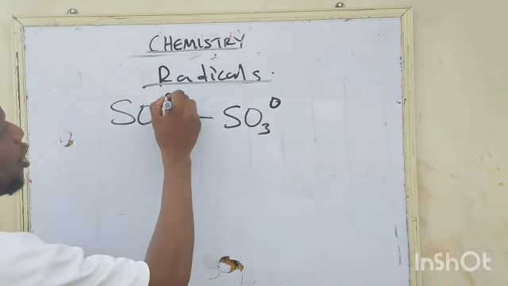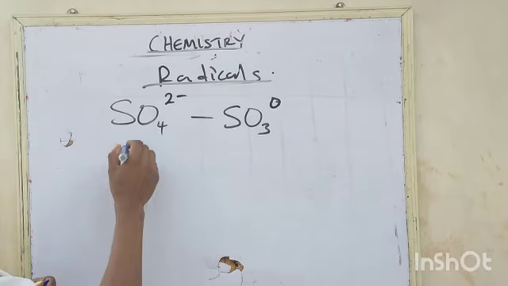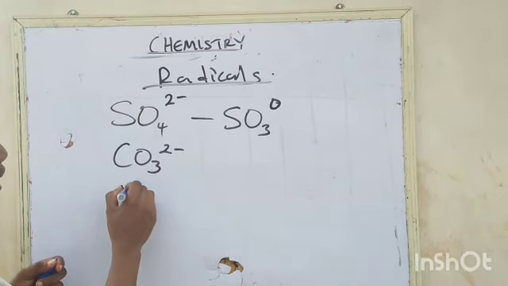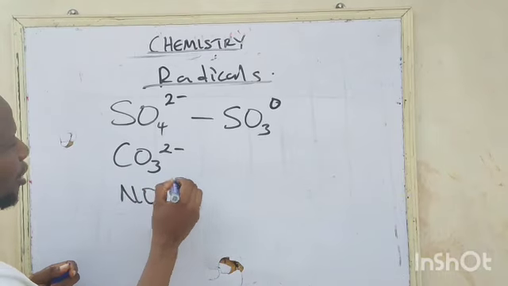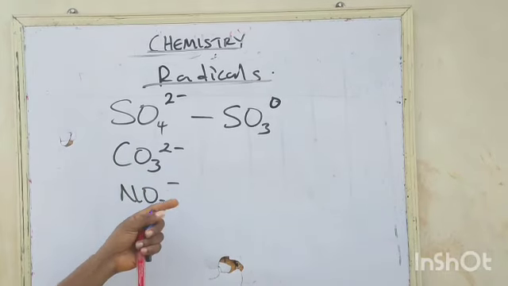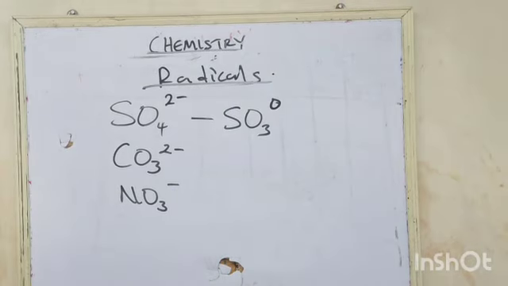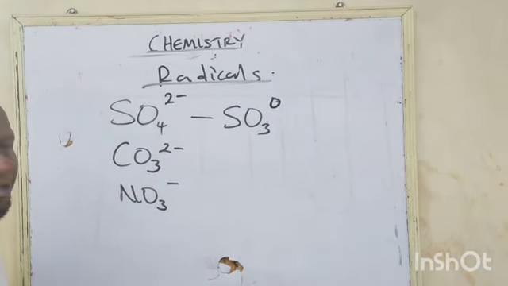SO4, the oxidation number is 2 minus. CO3 is 2 minus. NO3 is minus 1. But in mathematics you don't show the coefficient when it is 1, you just show the sign. From 2 above you show the coefficient.